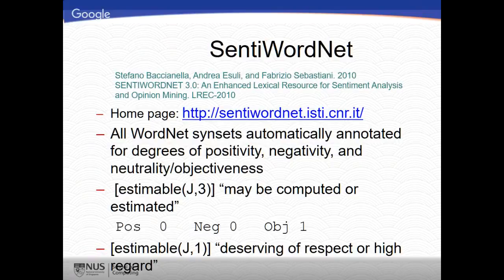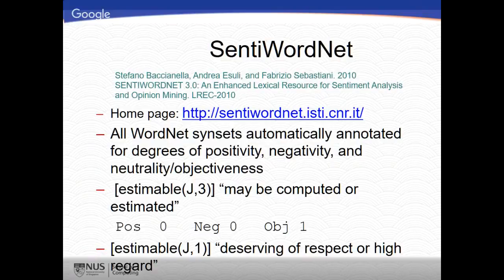It can also mean deserving of respect or high regard. So based on WordNet, some researchers annotate the sentiments on the synsets.